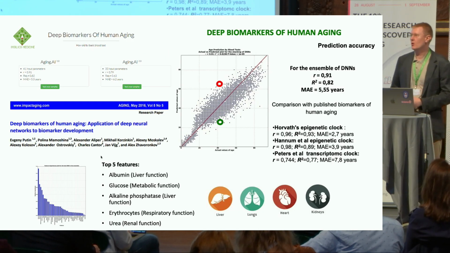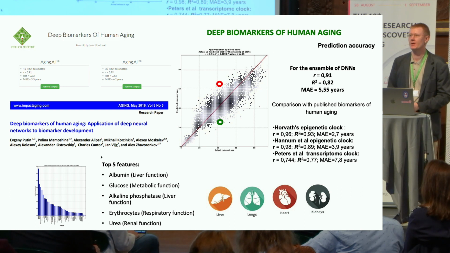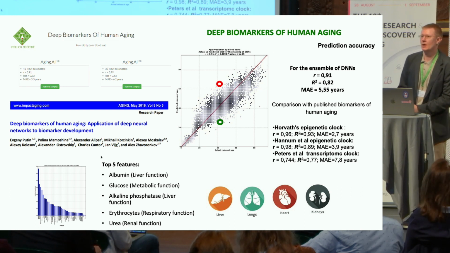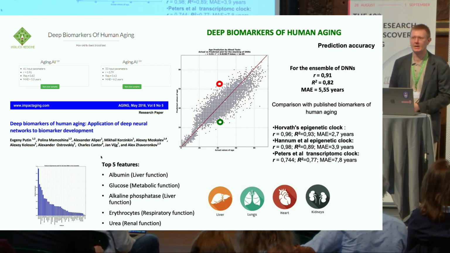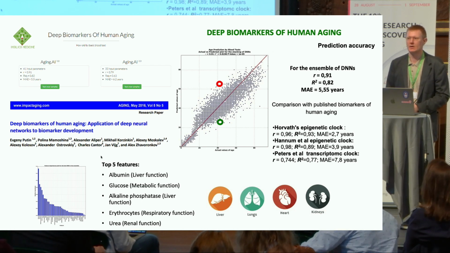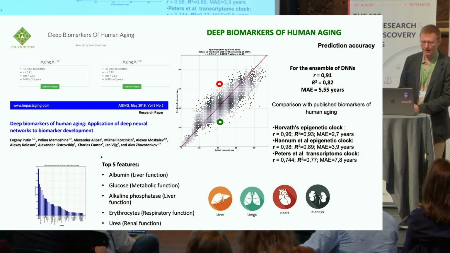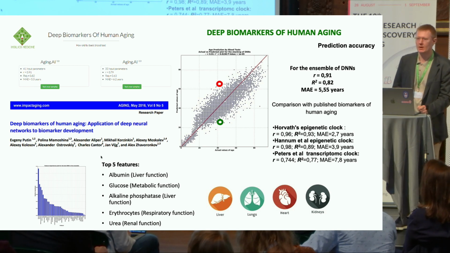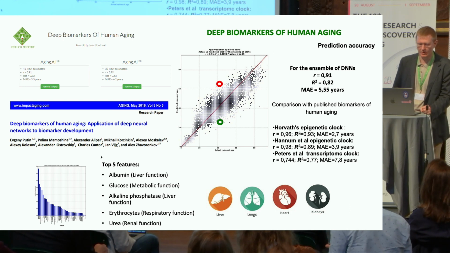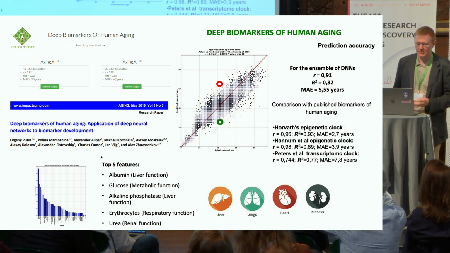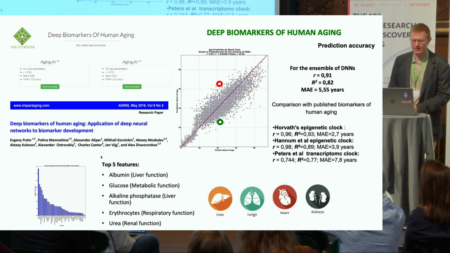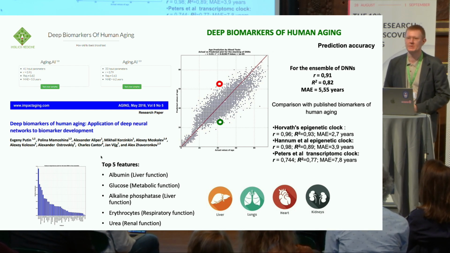Many years ago, Alex Zhavoronkov and our team provided the first AI-based blood clock of aging, consisting of dozens of parameters of our health, measured using biochemistry and hematological approach.